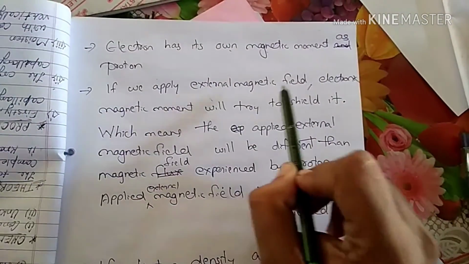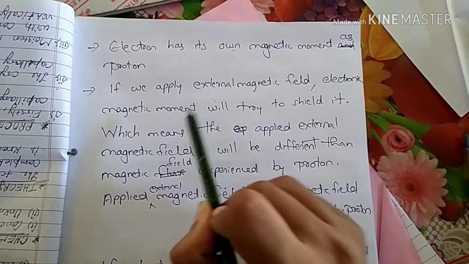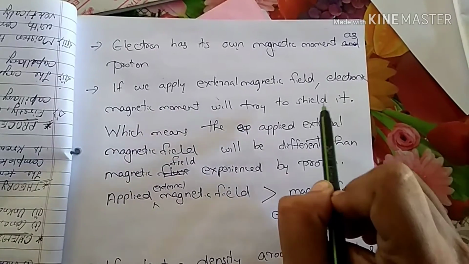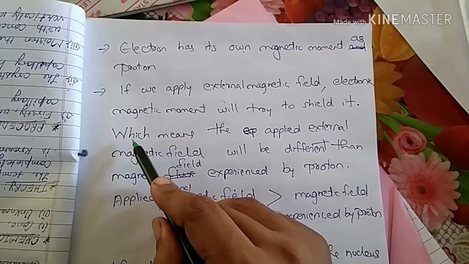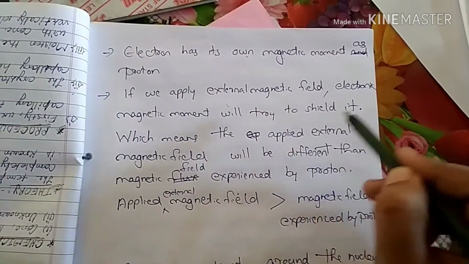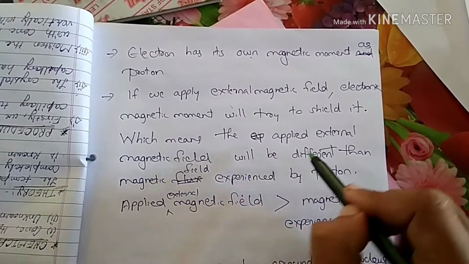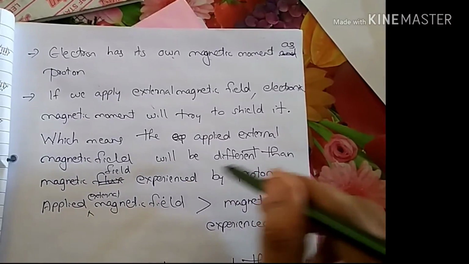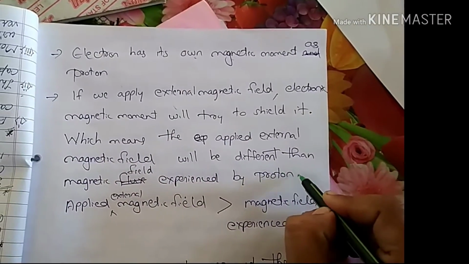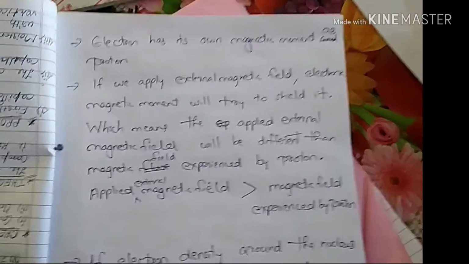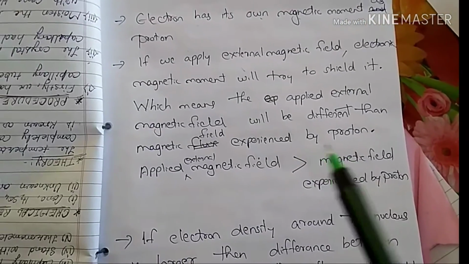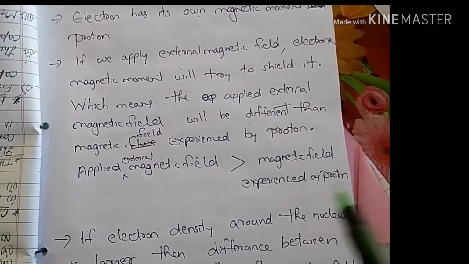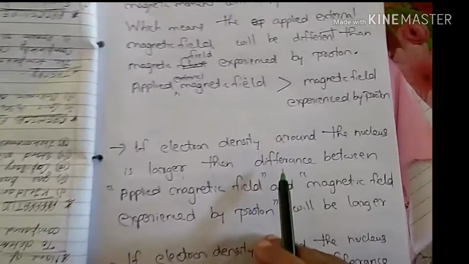If we apply an external magnetic field, the electronic magnetic moment will try to shield it. Due to this shielding possibility of the electron, the applied external magnetic field will be different from the magnetic field experienced by the proton. So simply we can say the applied external magnetic field will be higher than the magnetic field experienced by the proton.